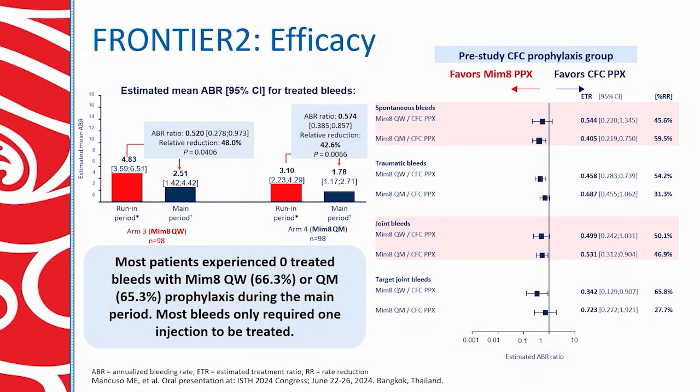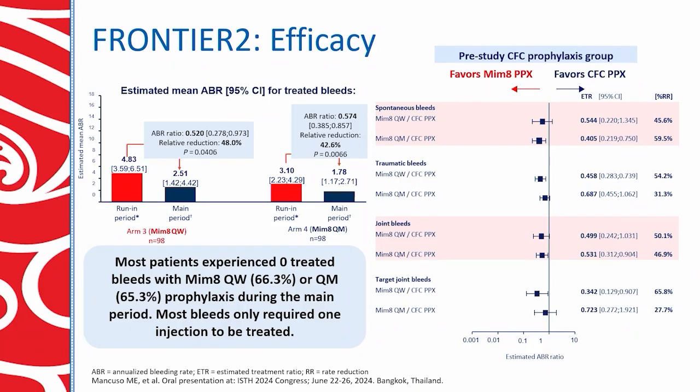And what we can see until now, and let's focus on outcome of bleeds, is that about 2/3 of the patients being treated either weekly or monthly were bleed-free, leading to a median ABR of 0. So that's why we are now more focused on mean ABR, what you can see in this figure, and mean ABR was once more reduced with either once weekly or once monthly application of Mim8 compared to the previous clotting factor prophylaxis group.